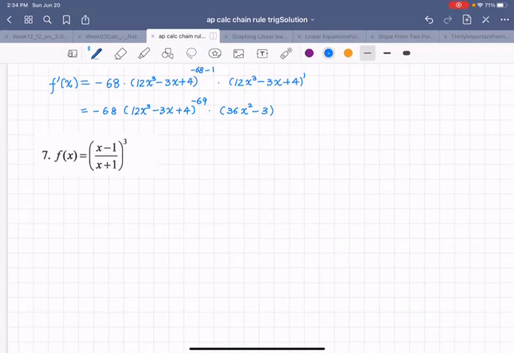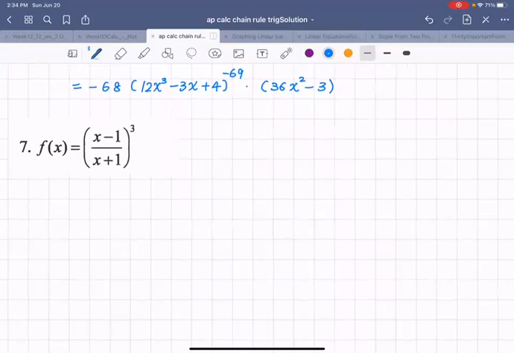Let's try number 7. Okay, look at here. Outside is a power, inside is a quotient, right? Okay.